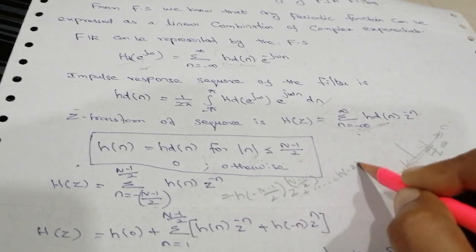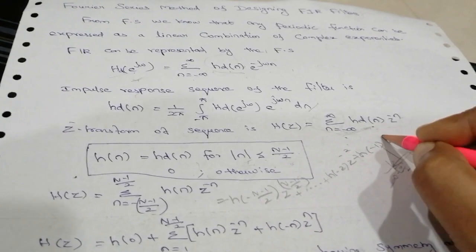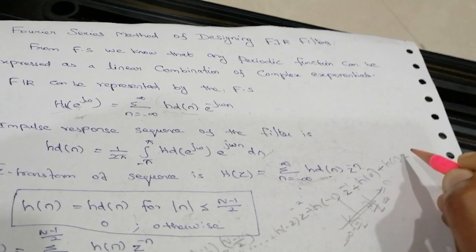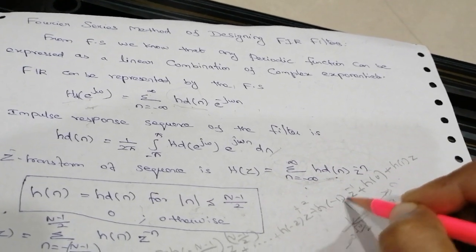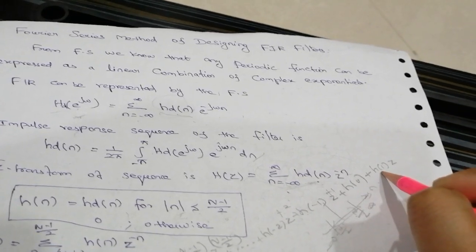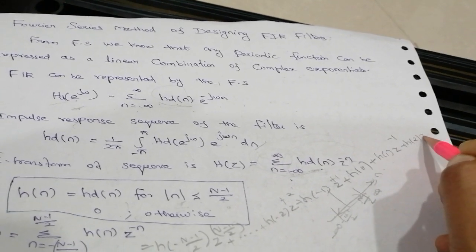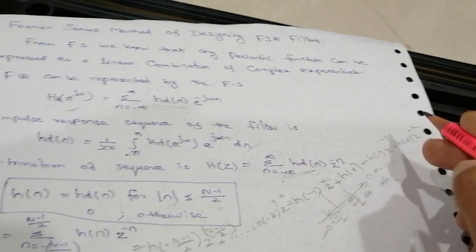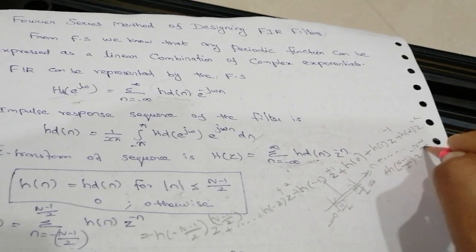Then h(-2) z^2, h(-1) z^1, plus h(0) z^0, then h(1) z^{-1}, h(2) z^{-2}, and it goes on, then plus h((N minus 1)/2) z^{-(N minus 1)/2}.